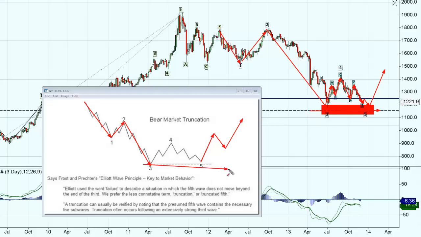But at some point, this market is going to bottom. And my sense is the two models that we're looking at either has it bottoming roughly in this area or at about $1,100. At that point, we are going to get a sizable ABC rally, and that should be interesting indeed.